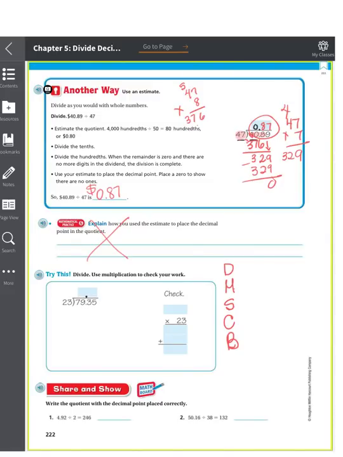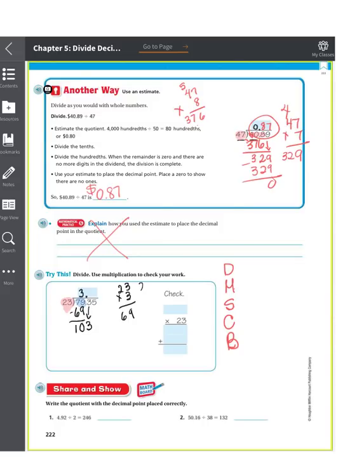Okay, so let's do one more together and then you can do the rest. So 23 is going to go into 79. How many times? Probably about 3 times. So I'm going to figure out right now what 23 times 3 is. You're definitely going to need to show your work for these. So make sure to grab a piece of paper. Okay, so then I'm going to bring down my 3.